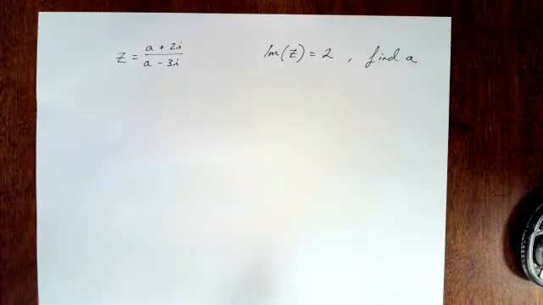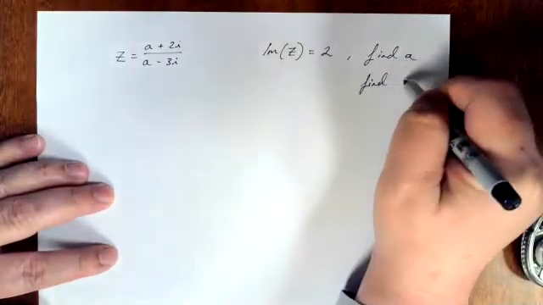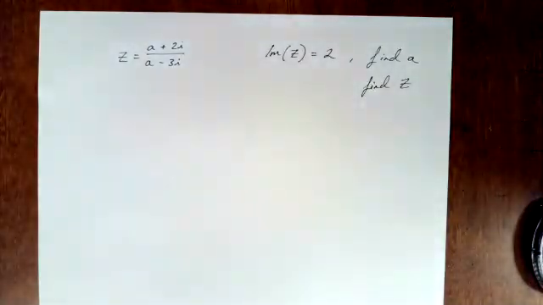Now, the trick to doing this problem is first, you need to use the complex conjugate so that you actually have a real denominator. Once you've got that, find out what the imaginary part is, set it equal to 2, and solve for A. And then I might ask you to find Z, like write Z. Is that natural log of 2?